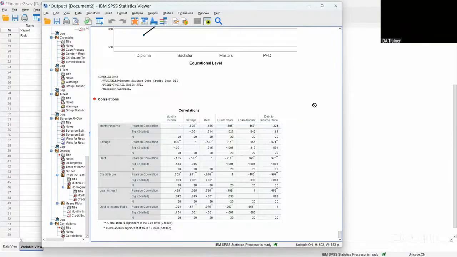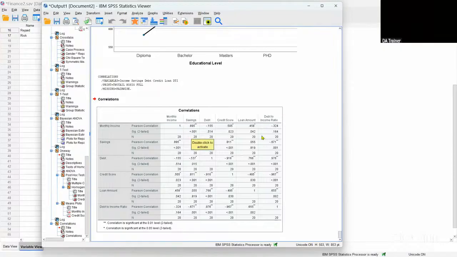Now, the two-tail significance figure here is showing us that savings is less than 0.001, meaning that it has a positive correlation to monthly income. It has positive correlation to monthly income.